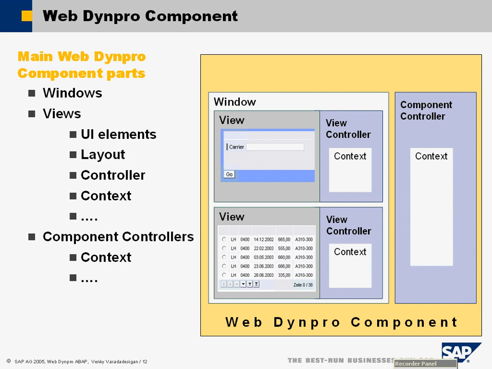Okay, and these are the components of Web Dynpro, or the building blocks. We have something called a component, the Web Dynpro component, which contains windows, views, and controllers. Okay, so we have already seen some of these. A window, what is a window? Window is the UI representation.